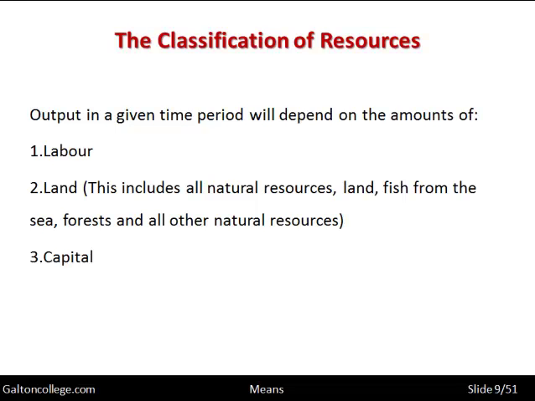Then we've got capital. Well, in a sense, capital is just saved up labor. People in the past built machines, and some of the machines that were built were used to make other machines, and those machines were used to make the next generation of machines. So in a sense, everything can be traced back to labor.